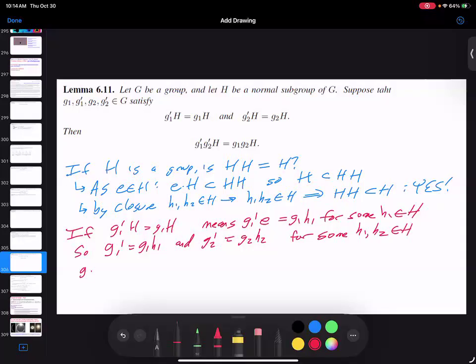So if I look at g1 prime g2 prime H, this is going to be g1h1 g2h2 times H. Now, we've said that we have a normal subgroup. So because we have a normal subgroup, we can actually say something about h1 g2 h2.